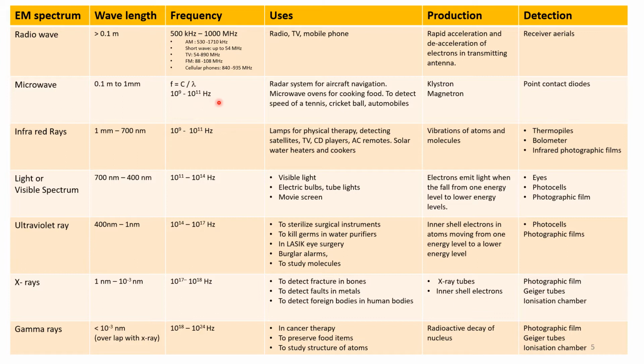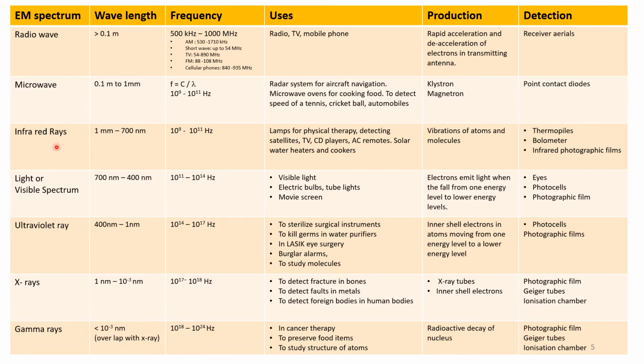These are used in radar systems of aircraft navigation, microwave ovens and to detect fast moving items like tennis ball, cricket ball, etc. and automobiles. It is generated using klystron and magnetron. These are the oscillators generating microwave, and it is detected by point contact diodes.